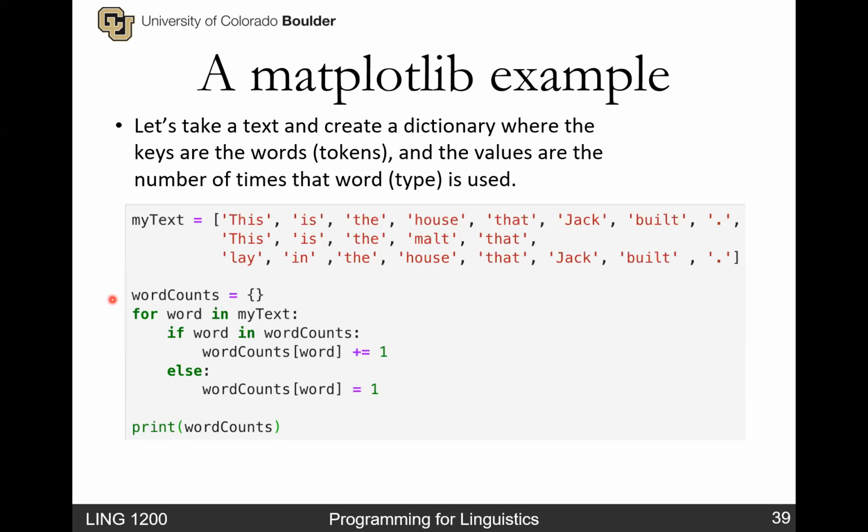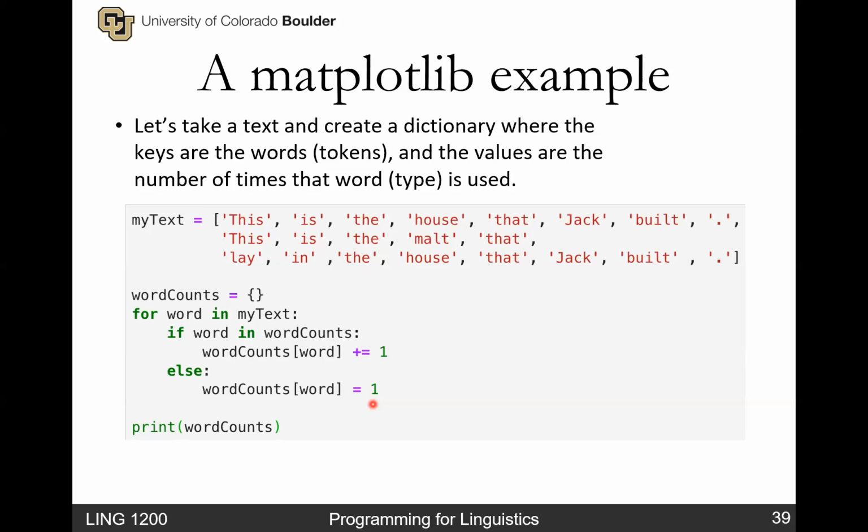So our dictionary word counts, and then we'll loop through our text. And for each word, if the word has already been seen, then we're just going to add 1 to its value. If the word hasn't been seen, so this is the first time we're seeing the word, then we're going to add that word to our dictionary and give it the value of 1 for the first time that we've seen it.